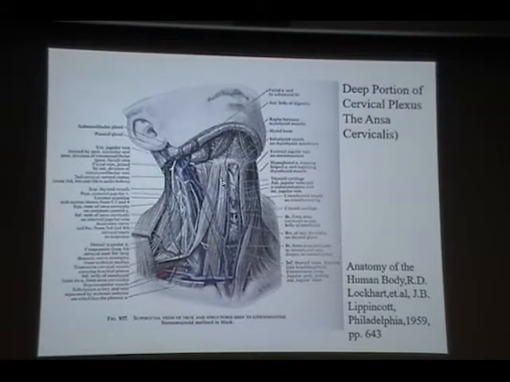We'll talk about it. All right, but this comes down and it forms this large string that is on the outside of a structure called the carotid sheath. And then we have, from C2, C3 and C4, other branches that come and form a large string. And the two strings meet down here and they come together and form a loop.